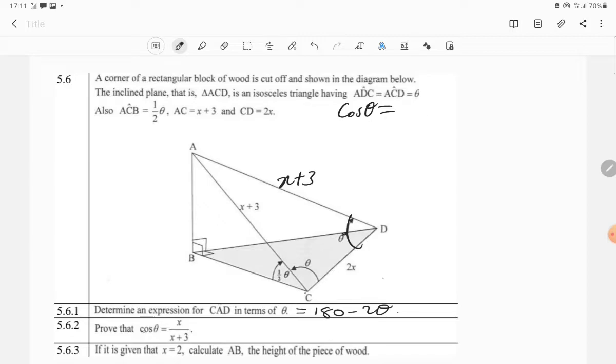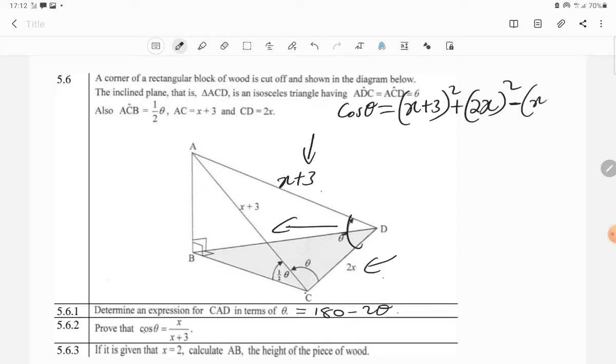Now this cos theta is going to be equal to x plus 3 squared, plus this side squared, taking the sides that make this angle in between, then minus the side opposite to this angle, x plus 3 squared, all divided by 2 times x plus 3, times x. So this is what we have so far.